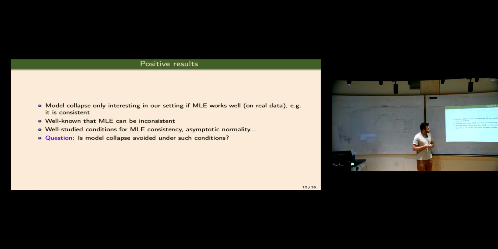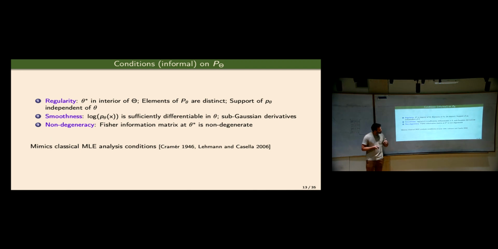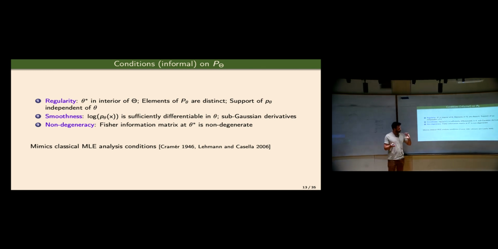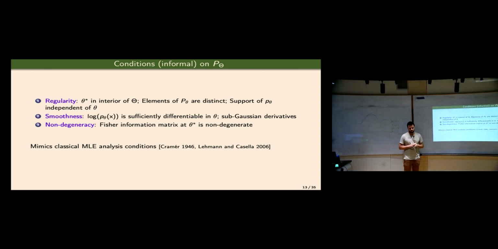And the assumptions that we're going to make are really the classical ones that allow for this. Again, there's a lot of literature on this, and there are many different variations. But generally, the main thing that we need that's maybe non-trivial is smoothness. So we're going to assume that when you look at the log of your model, it's sufficiently differentiable.